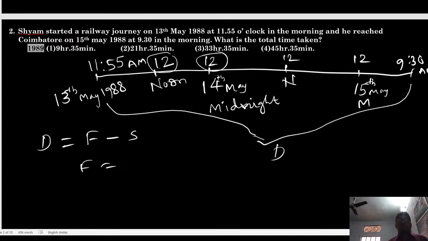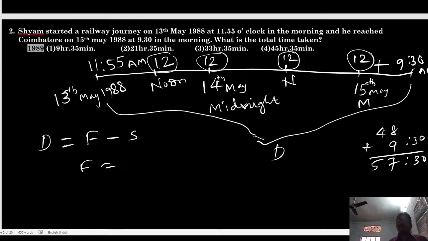4 twelves are 48. 48 plus this we have to add: 48 plus 9 and a half is 57 and a half.